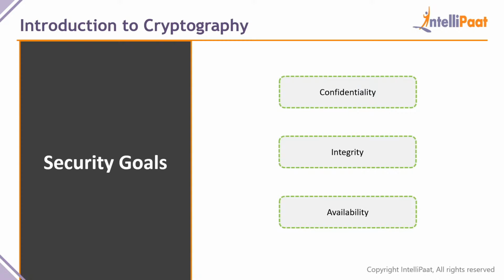So when it reaches the recipient, they should be able to decrypt that data fast, because time is extremely valuable, and the recipient cannot sit and decrypt that data for 1 to 2 hours. It should be decrypted in minutes if that is ideal, with the algorithms that are present to the recipient. Right. So these are the three security goals that we deal with when we're dealing with cryptography.